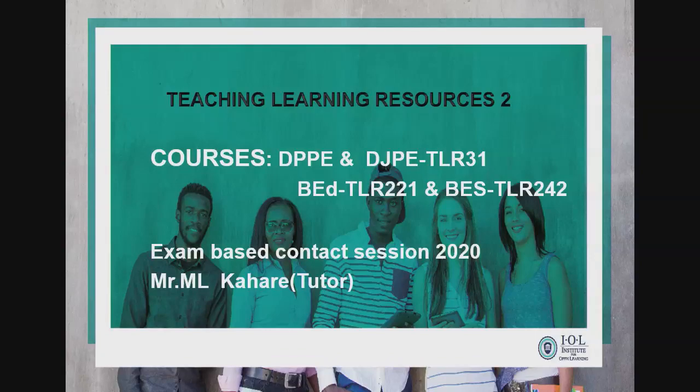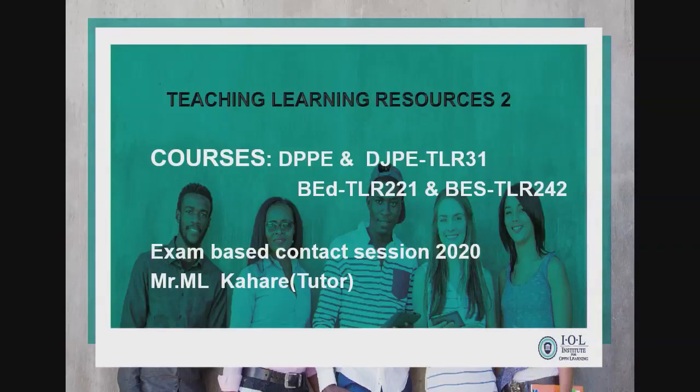As you see on the screen, the subject is for these courses: DPPE, DJPE, BED, and BES. This contact session class is based on the examination for 2020. This presentation will cover all three examination papers: April, August, and November supplementary examination.